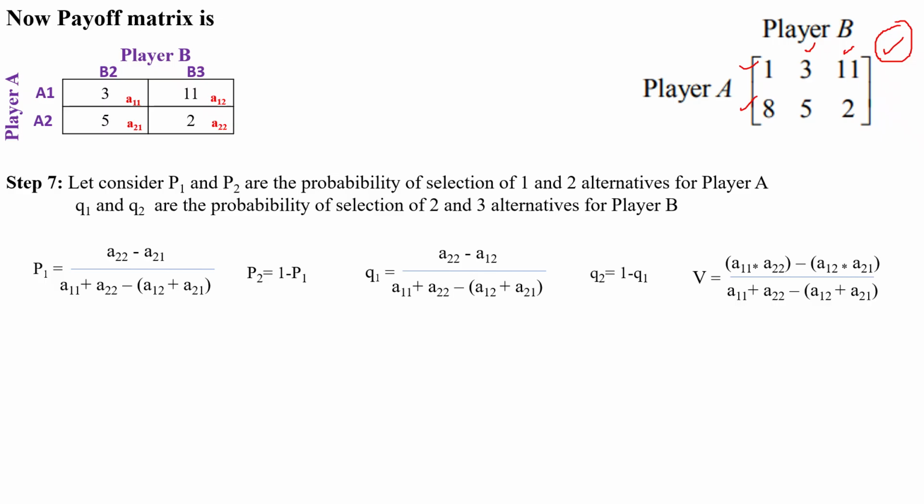In the previous lecture we already discussed these formulas. Now we have to substitute these A values directly in the equations. Here we got the 2 by 2 payoff matrix.